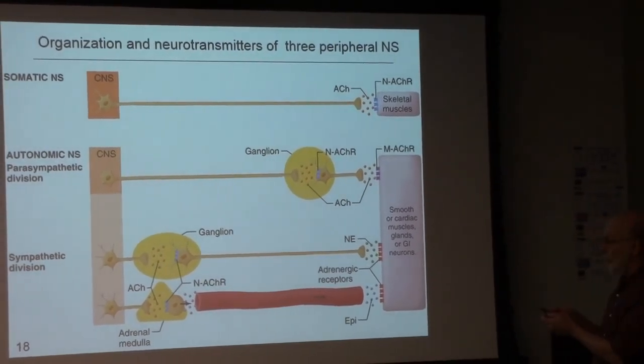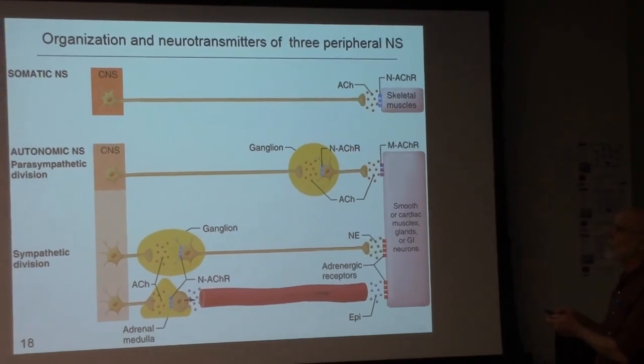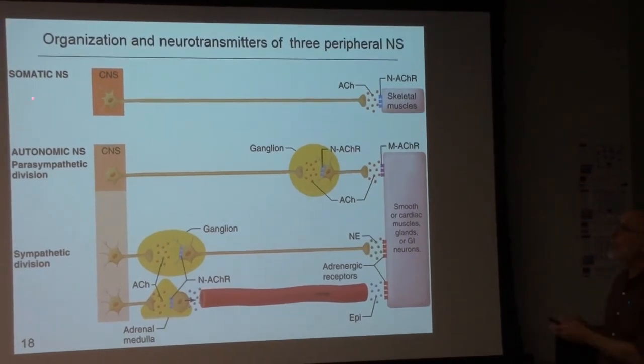The somatic nervous system, and really you should annotate your slide here, this is somatic motor. This is not somatic sensory. This is somatic motor. This is our ability to move our body. The cell bodies are in the spinal cord.